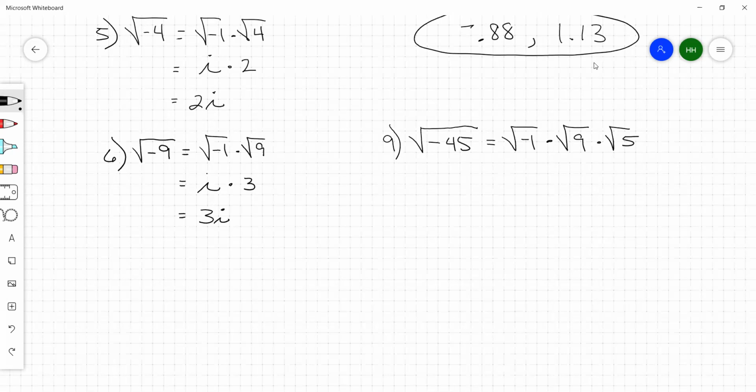And now you can simplify. So the square root of negative 1 is i. The square root of 9 is equal to 3. And the square root of 5 is in simplest form. So we put it back together now in order. So we go 3i radical 5.